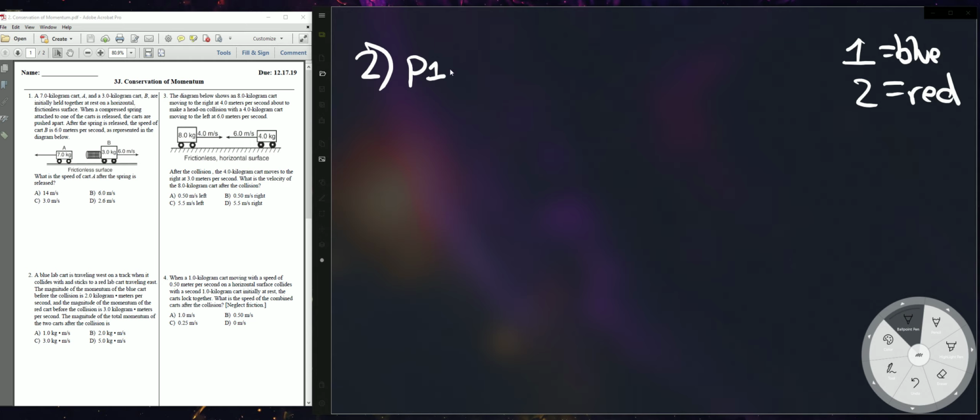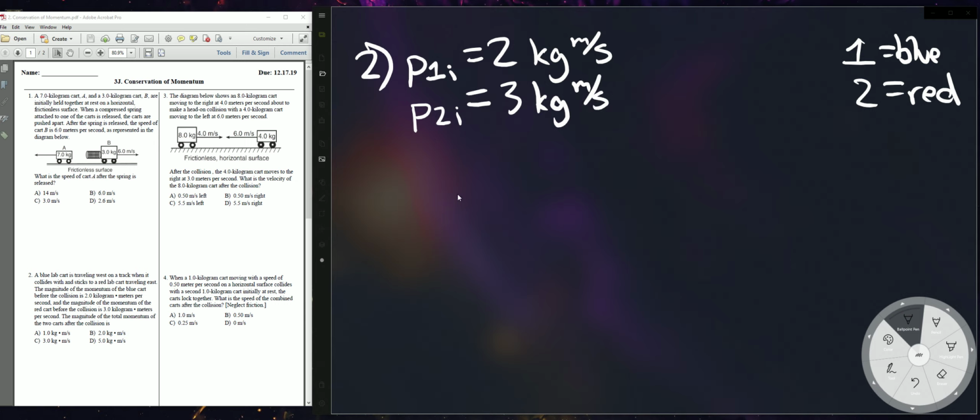So the initial momentum of object 1 is 2 kg m/s. And the magnitude of the momentum of the red car, that's object 2, is 3 kg m/s. And so the magnitude of the total momentum of the 2 cars after collision is what?